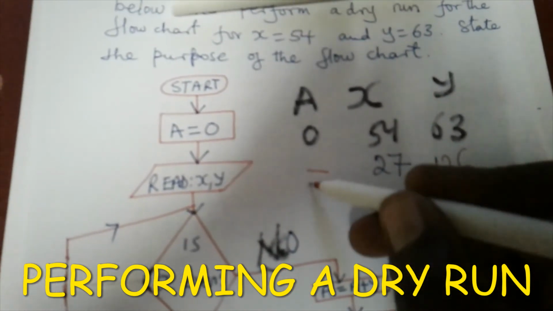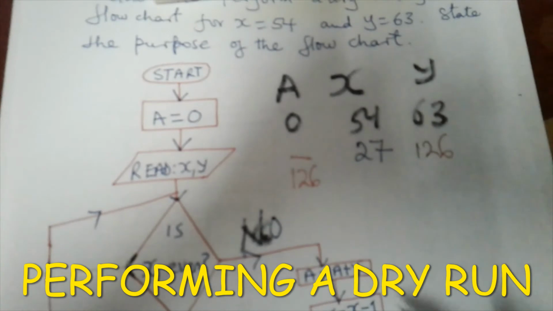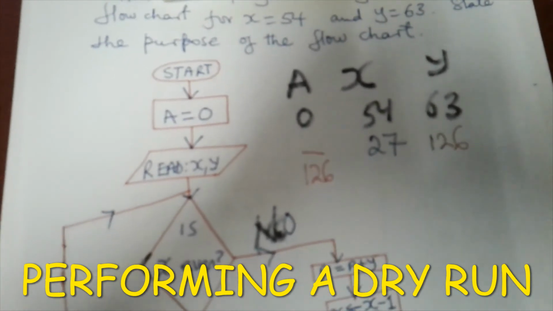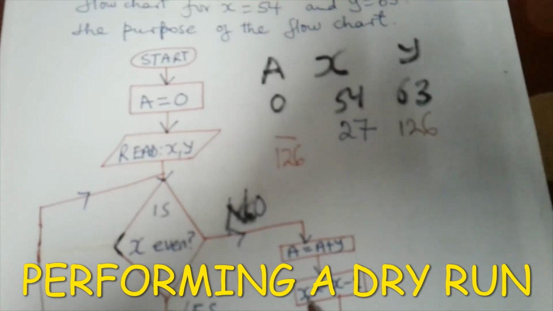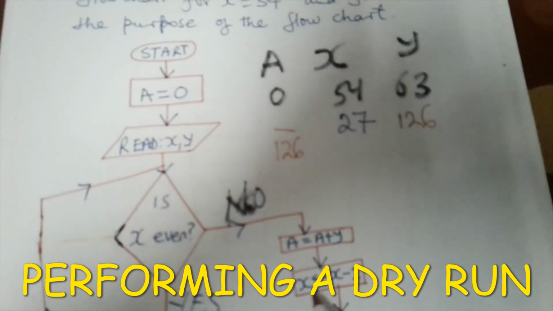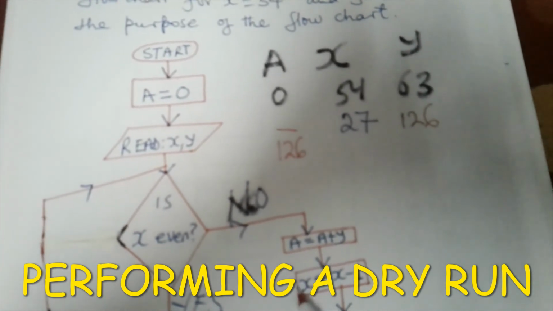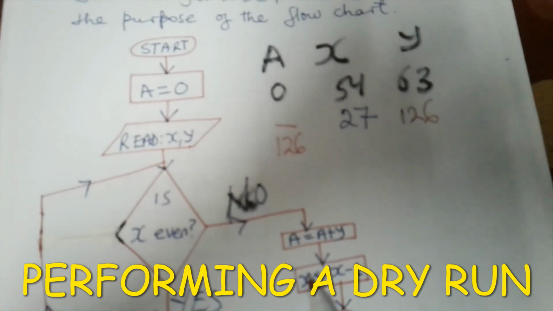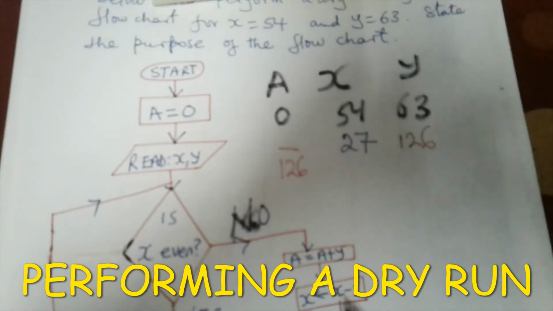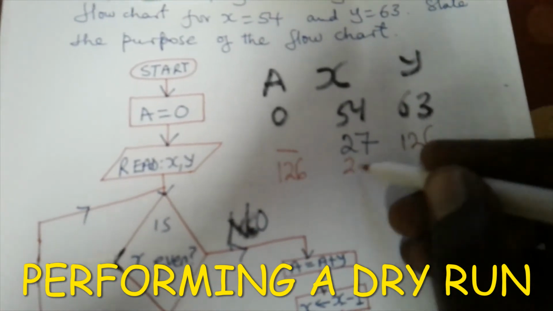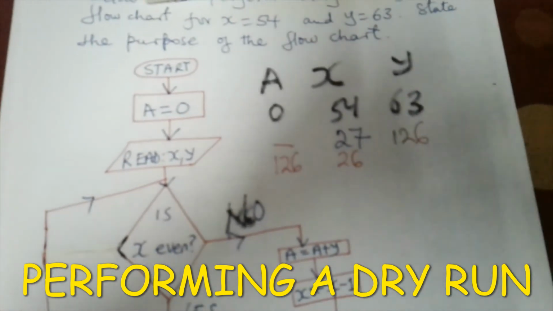Therefore, our a will be 126. And therefore, x is reduced by 1. You can see the new x will replace the original x, where the original x is reduced by 1 and it becomes 26, because 27 minus 1 you get 26.